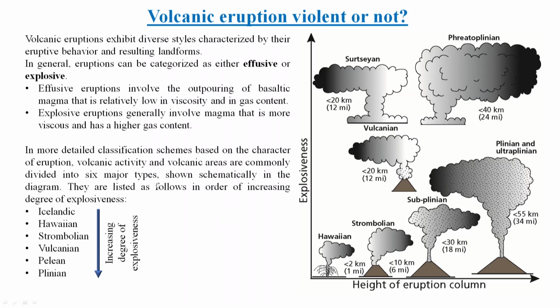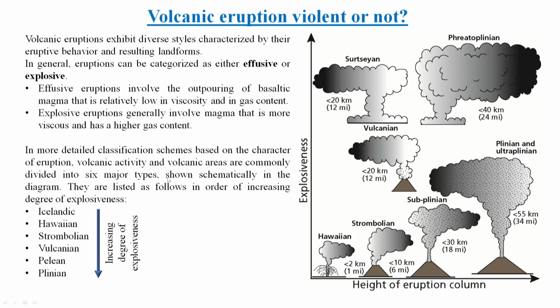There the volcanism is mostly basaltic in nature. So the chance of explosive volcanism when the composition of the lava is basaltic is extremely rare, followed by the Strombolian type, which has a higher degree of explosiveness, then the Vulcanian type, Pelean type and Plinian type.